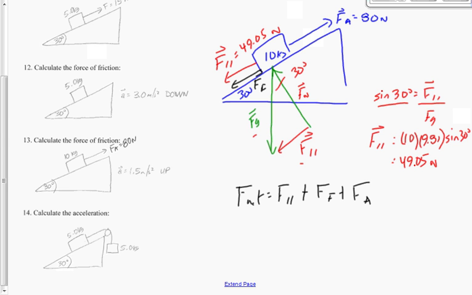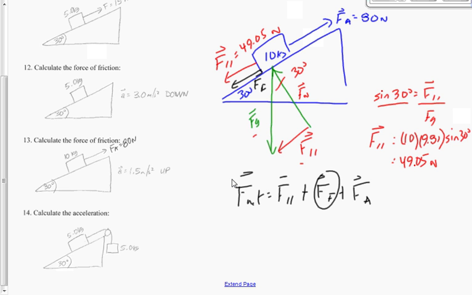I'll tell you what, Jared, you missed the direction of that force of friction there. You get away with it here, because in the end, when you solve for it, this question is going to tell you whether it's up the hill or down the hill. So even if I drew it up the hill, I'd still get the right answer. It's more to help me visualize it.